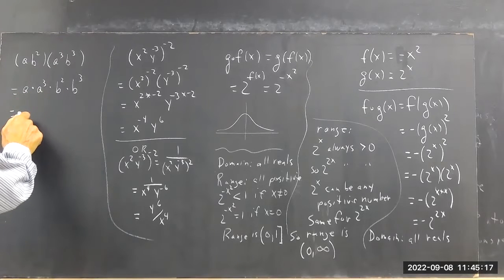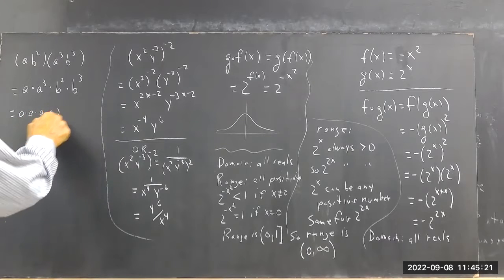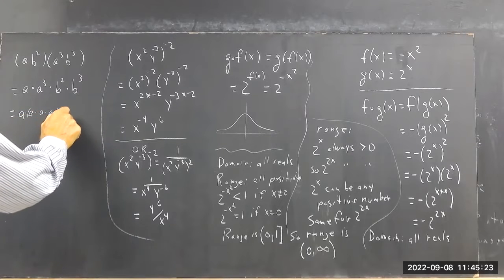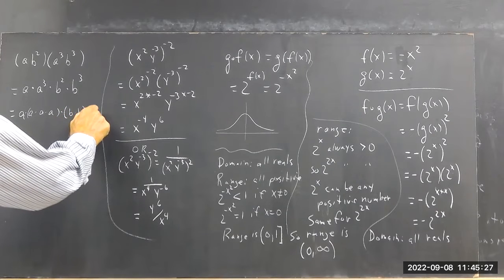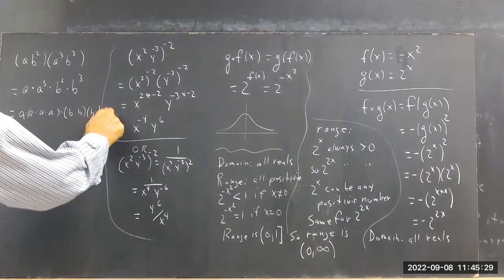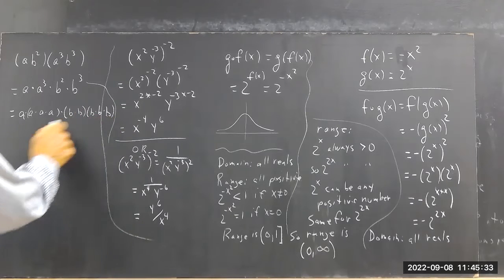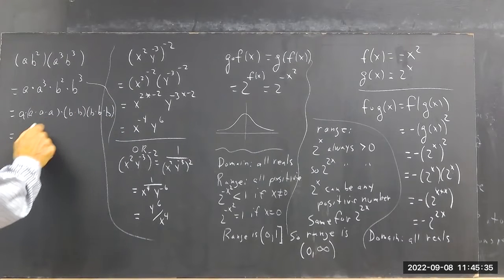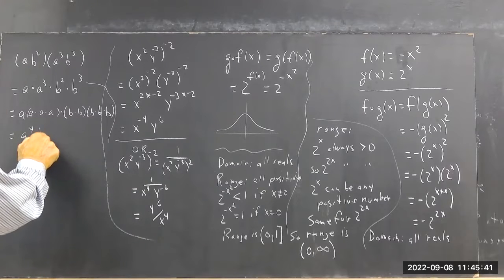A times a cubed is a times a times a times a. B squared is b times b. B cubed is b times b times b. And then you just count your a's. You got 4 a's multiplied, that gives you a to the 4th. You got 5 b's, gives you b to the 5th.